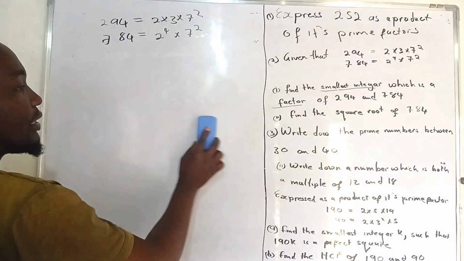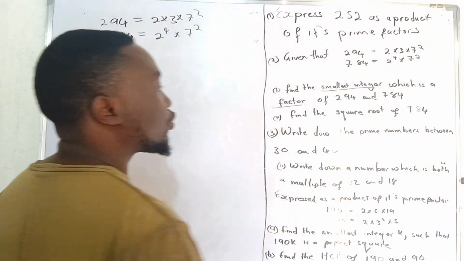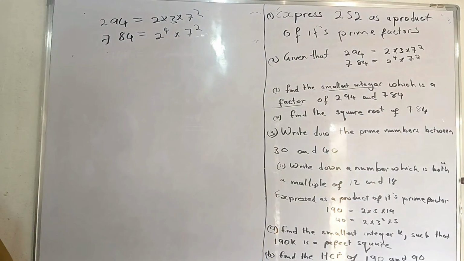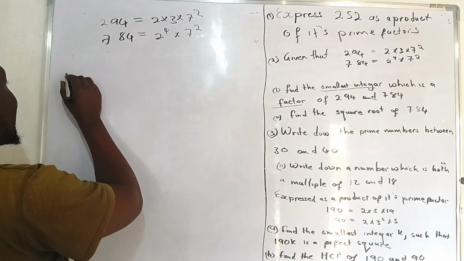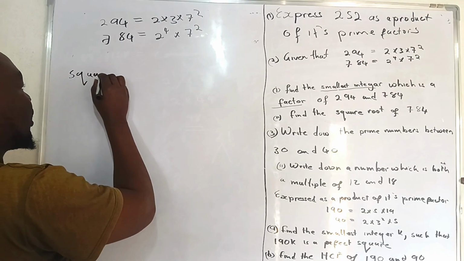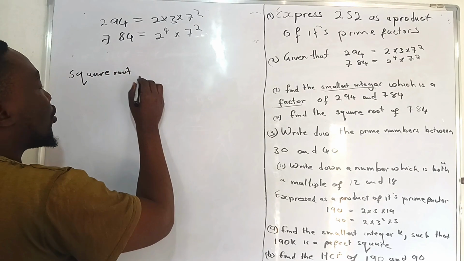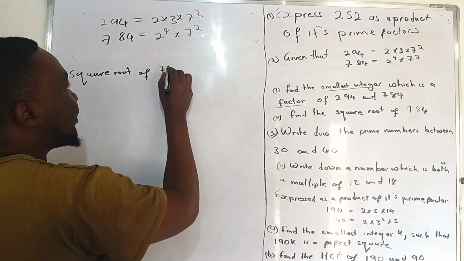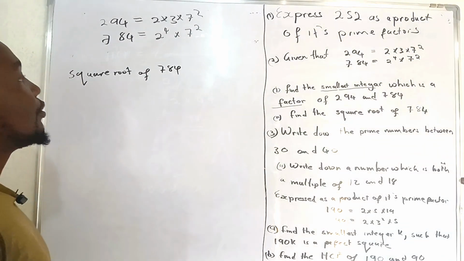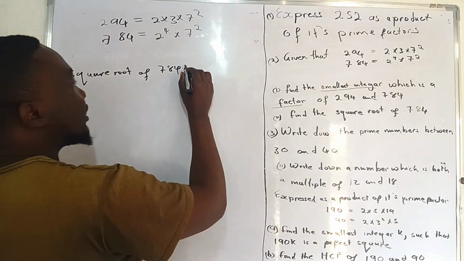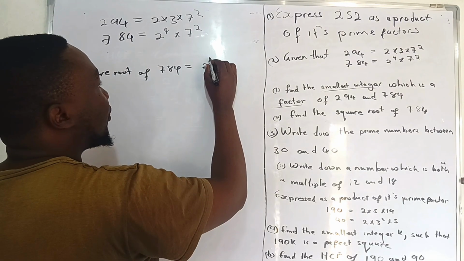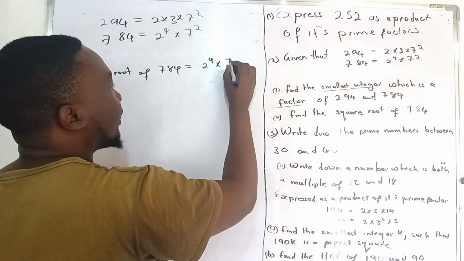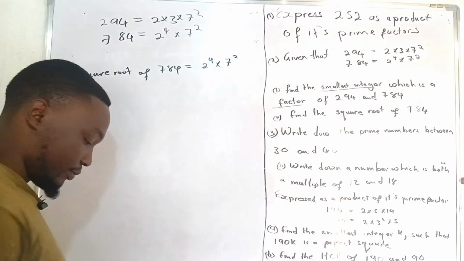In the second part, we are asked to find the square root of 784. 784 is expressed as a product of its prime factors, which is 2 to the power 4 multiplied by 7 to the power 2.